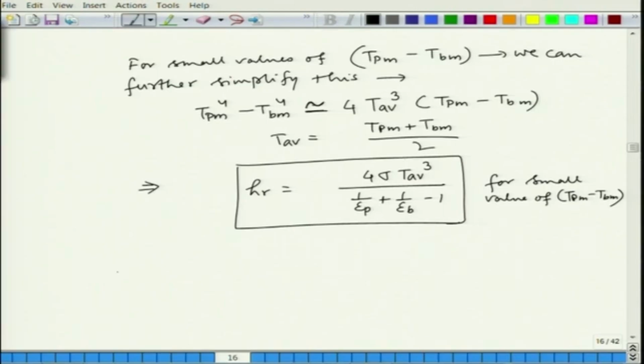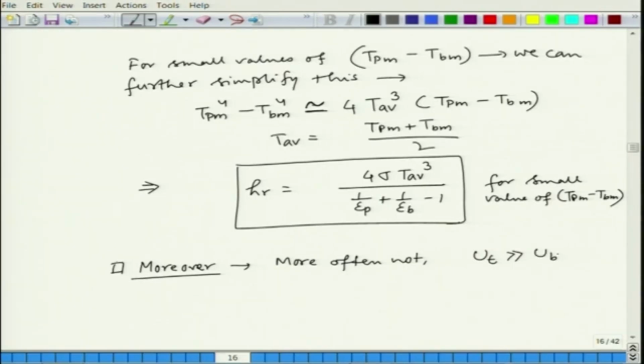Now, another simplification we can do. Moreover, more often than not, UT is much greater than UB. What does it mean? It means that the top loss coefficient is dominating in the overall loss coefficient.